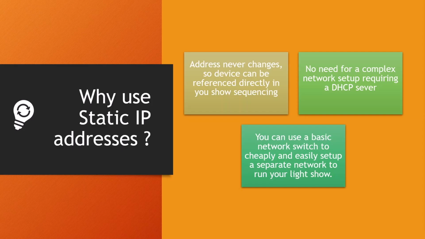So you can't use dynamic IP addresses in that case. So static IP addresses are often the safest thing to do. There's no complex network setup, and you don't have to worry about setting up a DHCP server on your network or using any sort of fancy router.